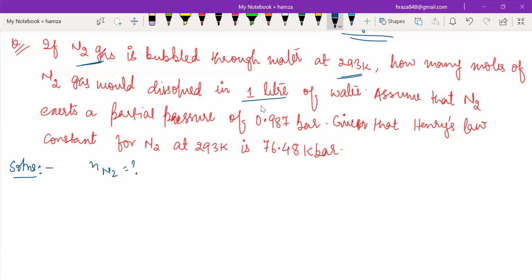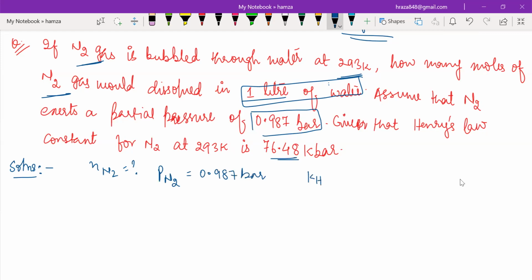Assume that N2 exerts a partial pressure, which is given as 0.987 bar. Also, KH has a value of 76.48 kilobar, which we can easily convert into bar by multiplying by 1000.